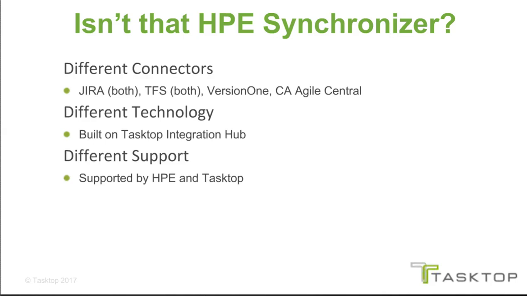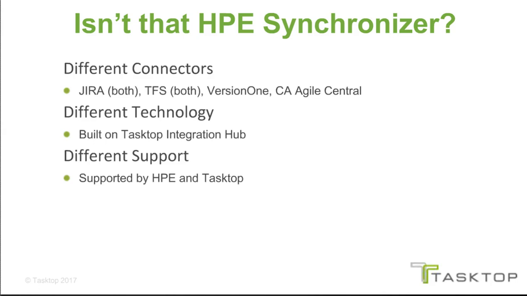Another difference on that front is how it supports those integrations. All of the versions of Jira, TFS, Version One and Rally or CA Agile Central that are supported by those vendors will be supported by the Octane IO integration.